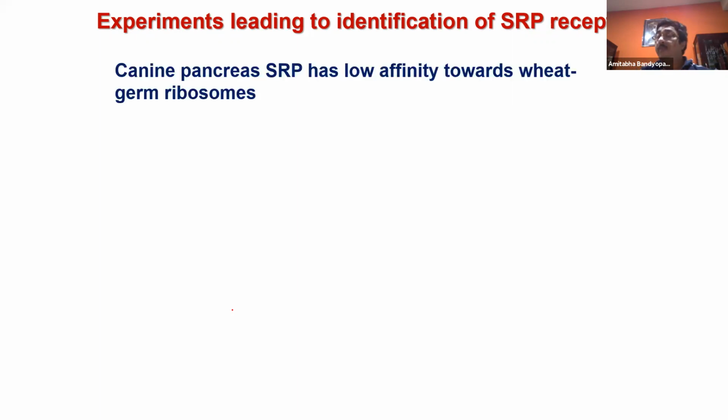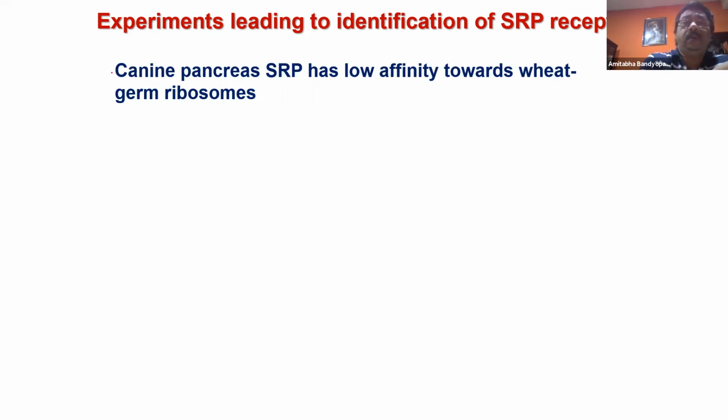If you listen to the lecture or read the paper, I do not recall exactly where I saw this, they had a very, very frustrating time. They tried all sorts of sources for SRP and for the ribosomes, and they finally hit the perfect combo.